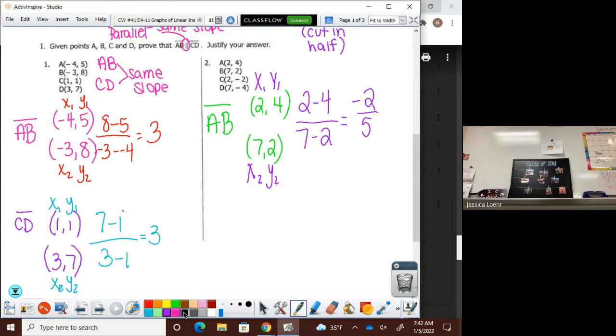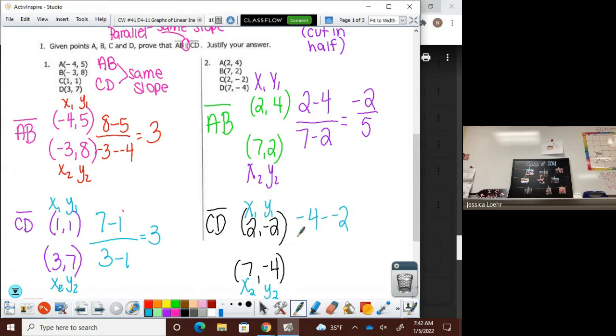Then I'm going to do the same thing with CD. My points are 2, negative 2, and 7, negative 4. x1, y1, x2, y2. Plug in, negative 4 minus negative 2 over 7 minus 2. Which is negative 2 over 5.